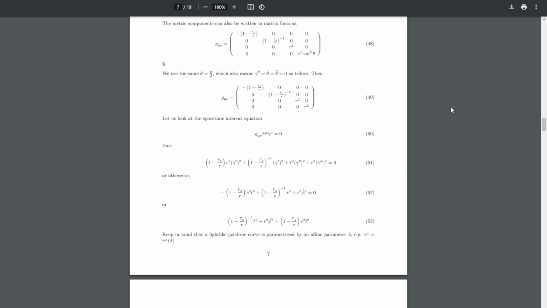In other words, the problem of finding out the trajectory of a light-like particle, which is basically a photon, around the black hole reduces to only 2 dimensions, which is fantastic, because solving a problem in 2 dimensions is of course a lot easier than solving it in 3 dimensions.